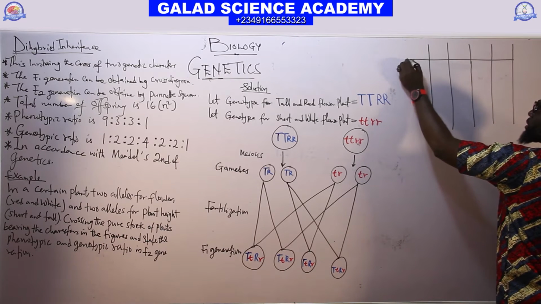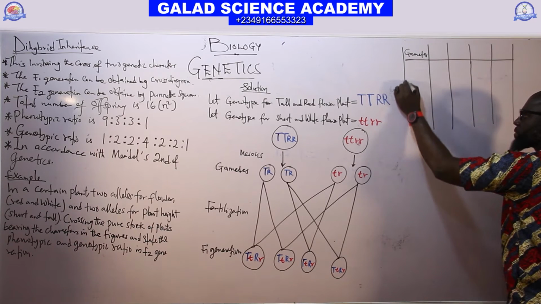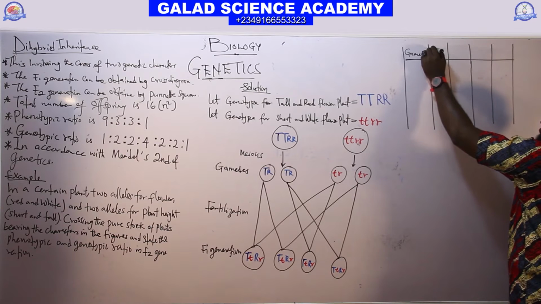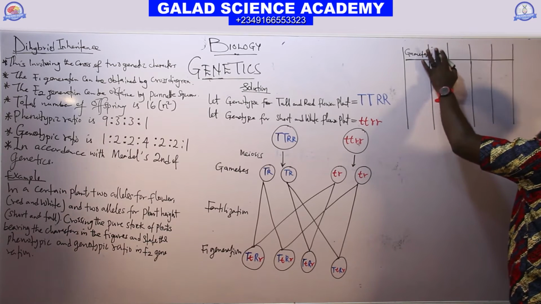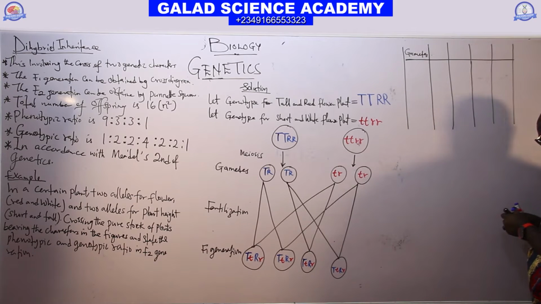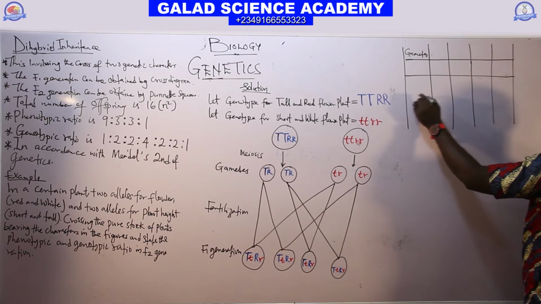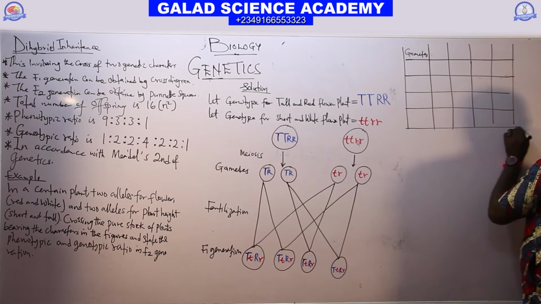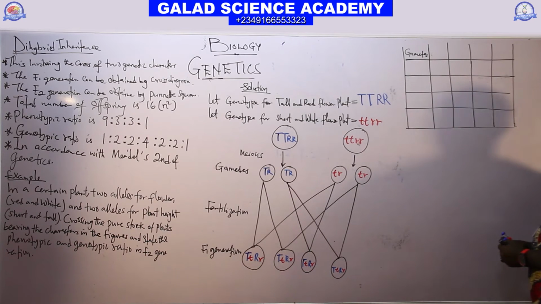This is what we call the gamete. So the first one, if you have T, capital R. So from here now, four types of gametes are formed.